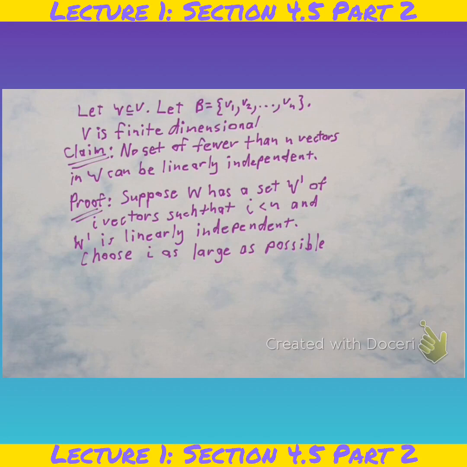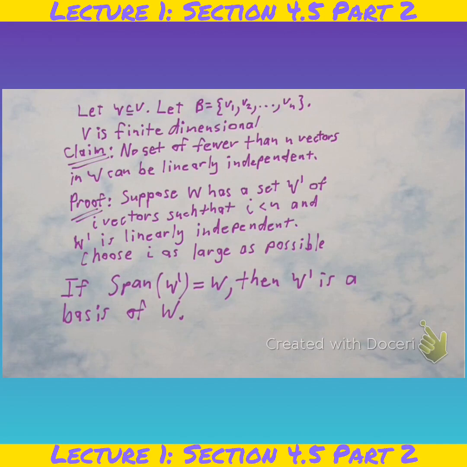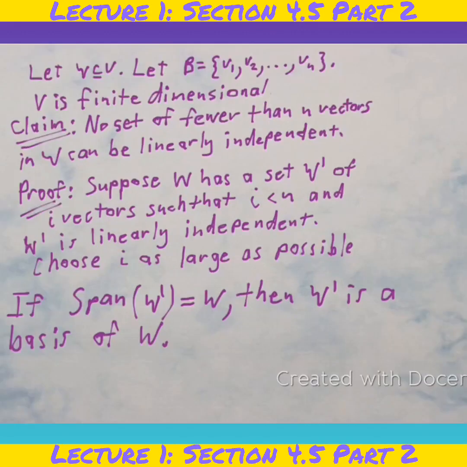So what we do now is we assume the following. If it happens that the smaller set W prime spans the capital W, that is, the span of W prime is W, then W prime is a basis of W. And that's going to mean that W is finite dimensional, because W prime has got i vectors in it, and i is strictly less than n.